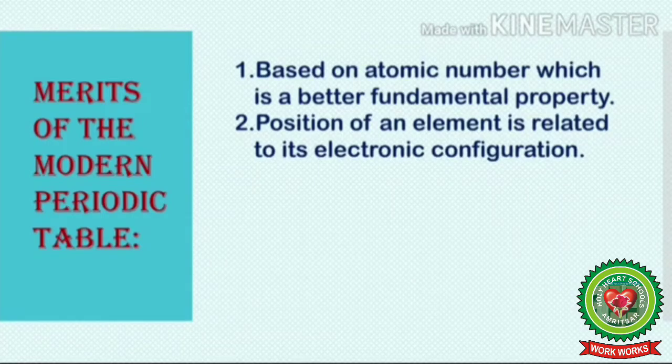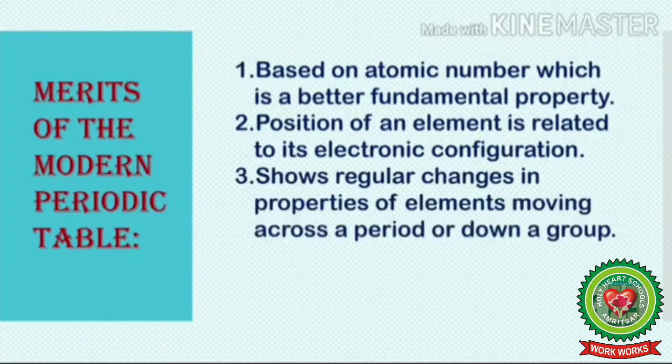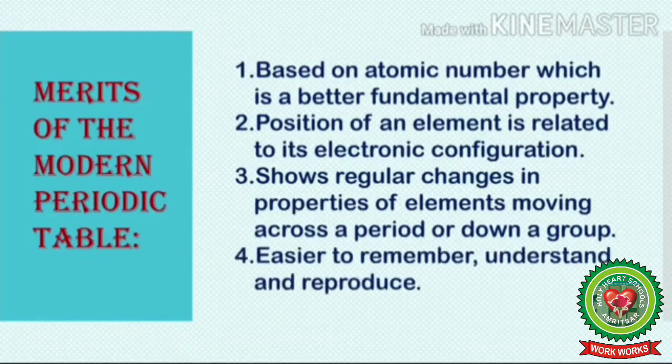Second is that the position of an element is related to its electronic configuration. Third is that it shows regular changes in the properties of elements moving across a period or down a group. Fourthly, it is easier to remember, understand and reproduce.